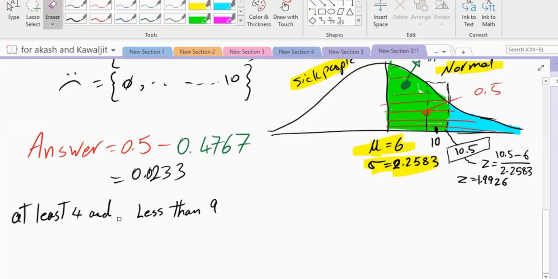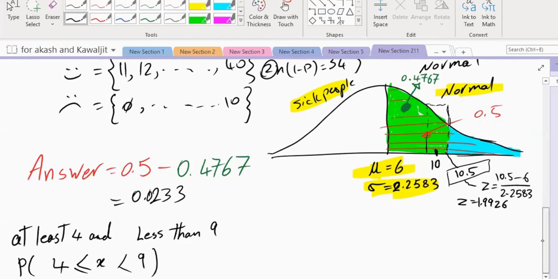So this is in the English form. When we translate it to symbolic form, it would be x at least 4, which means more than or equal to 4 and less than 9. Okay? So all of the things that we said above are now okay.